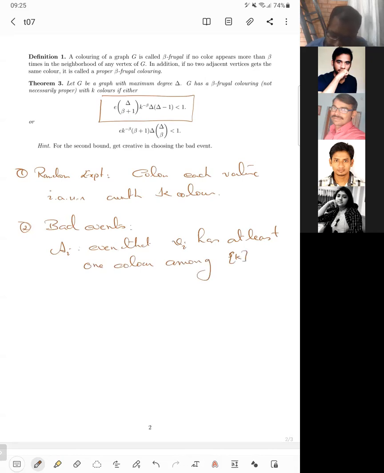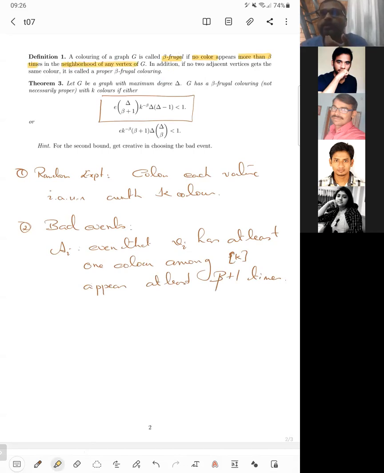But this is not the end of it, right? Yes. Appears. Correct. At least beta plus 1 times. Very good. This is the bad one, right? Because this is what a beta frugal coloring should not permit. No color should appear more than beta times in the neighborhood of any vertex.